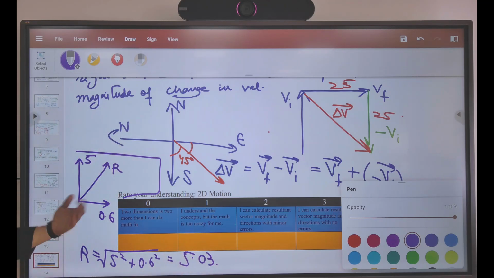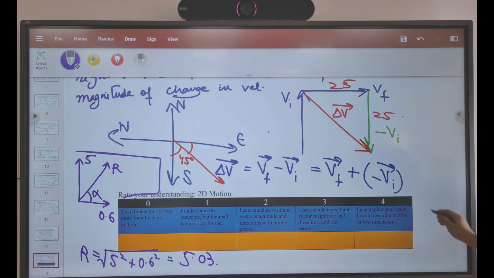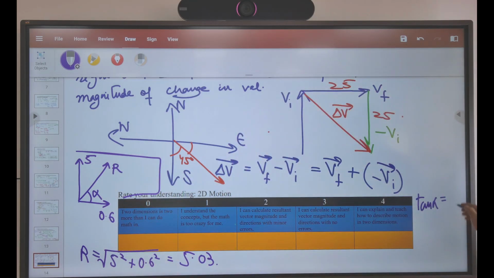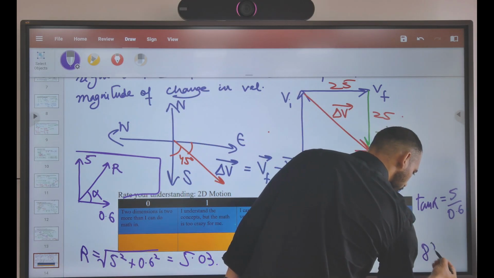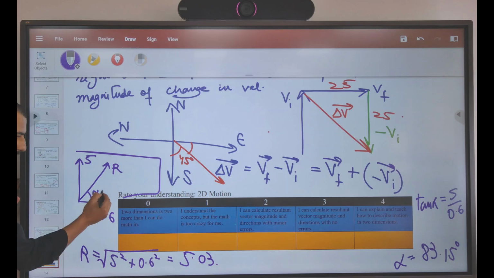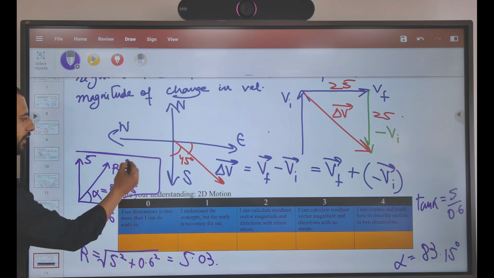Is that fine? Now the direction. Let this be alpha. Again go forward. Tangent of alpha would be equal to perpendicular, which is 5, upon base, which is 0.6. So it is 5 upon 0.6. Tell me the value of alpha now. Direct tan inverse of this. So it is 83.15 degrees. So that means this angle is 83.15 and the value is 5.03.